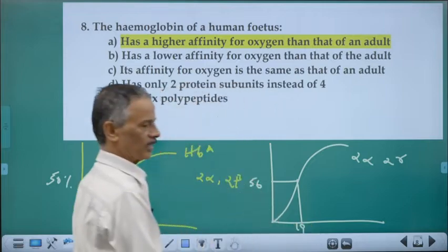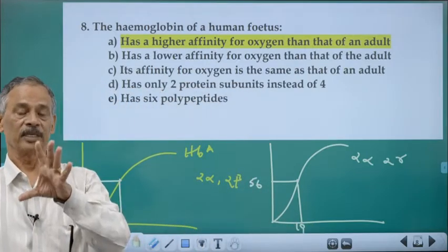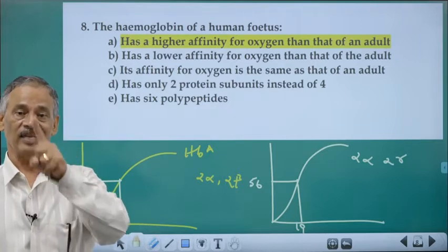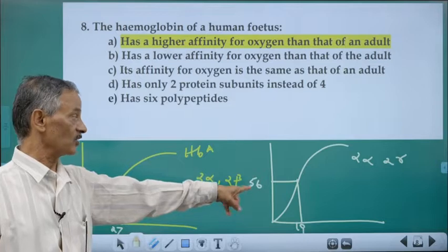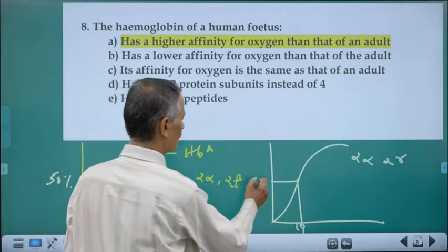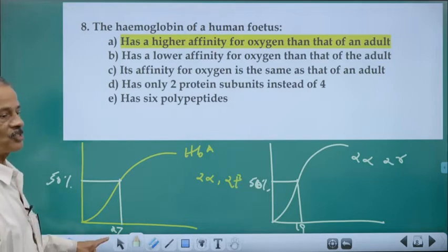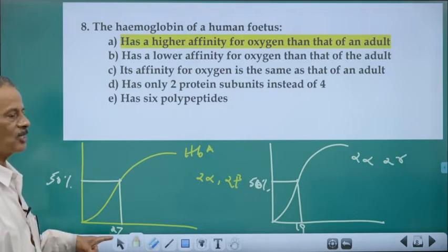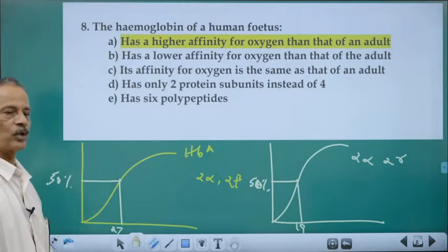That is, even if the oxygen partial pressure is 19, hemoglobin of a fetus becomes 50% saturated. Whereas we need a higher partial pressure for our hemoglobin to become 50% saturated.